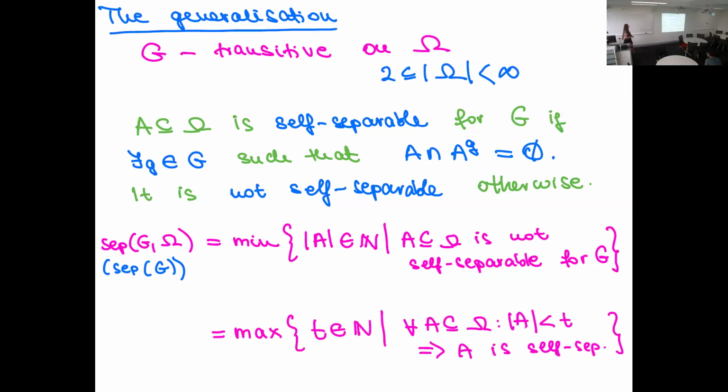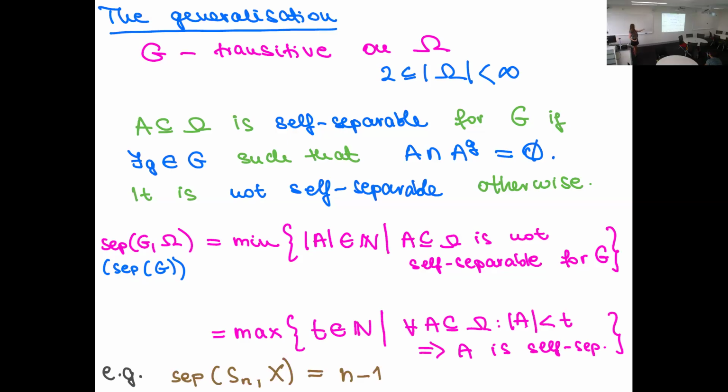And that is the same as saying that it's the maximum number t such that for any set whose size is strictly less than t, A is self-separable. So this is actually one more than the answer to our previous questions, because this is the one where we can't achieve this anymore.